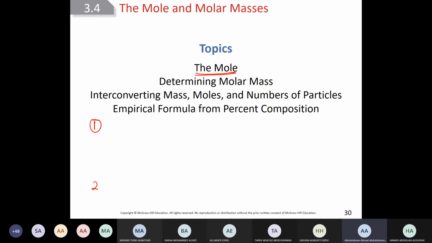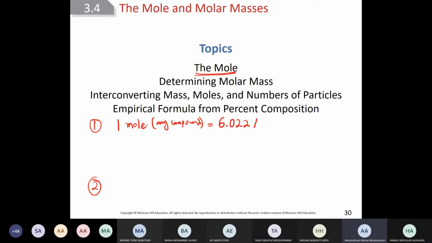One mole of any compound or element or atom or whatever, one mole of anything in chemistry, is equal to what? Avogadro's number.